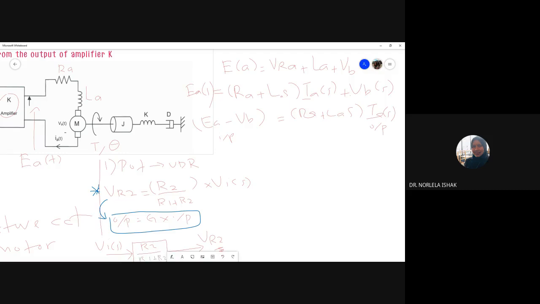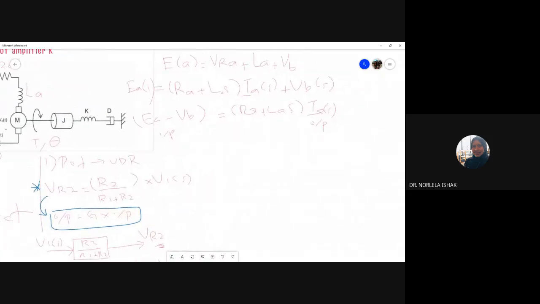Okay, so you have to rearrange that equation. So make IA the output equal to, this is the gain, 1 over RA plus LAS, and you multiply with the input. Input is the combination of applied voltage minus the back EMF.